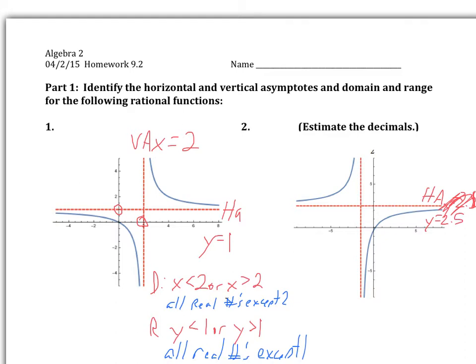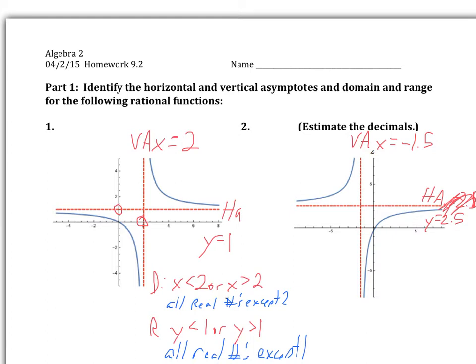Furthermore, we have the vertical asymptote, which appears to be crossing down there at, let's see, 1, 2, so in between 1 and 2. So that would be x equals negative 1.5, and that's our vertical asymptote.